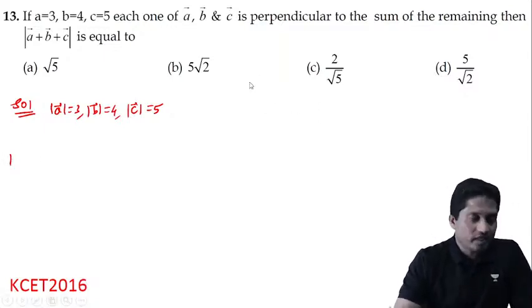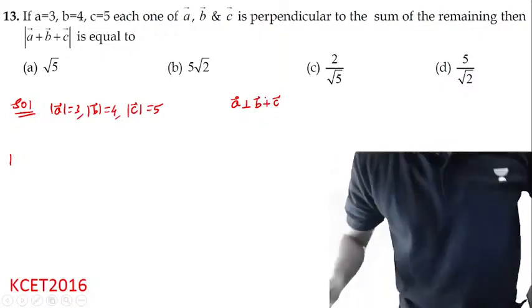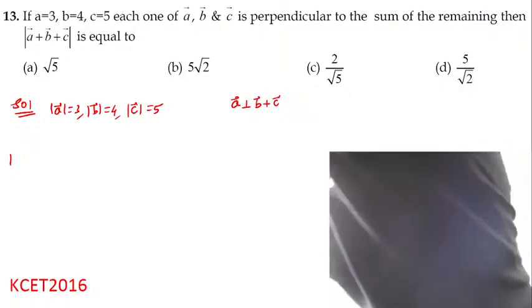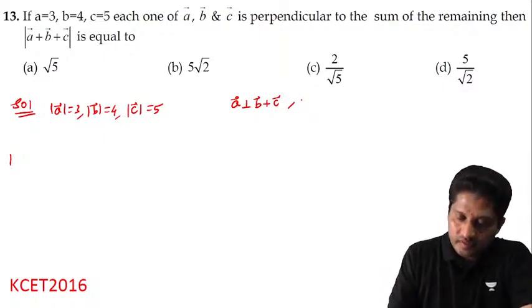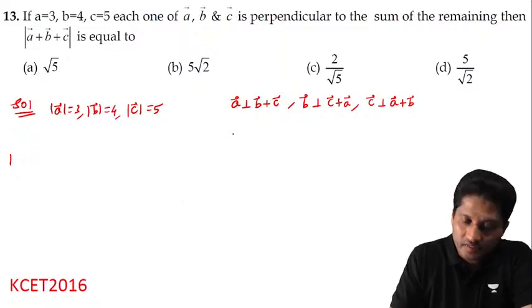This means that according to the given condition, A is perpendicular to B plus C, B is perpendicular to C plus A, and C is perpendicular to A plus B. Now, if A is perpendicular to B plus C, it means A dot (B plus C) is 0.